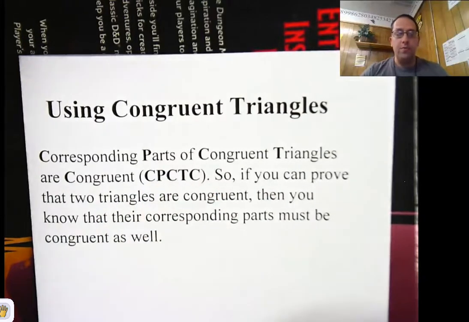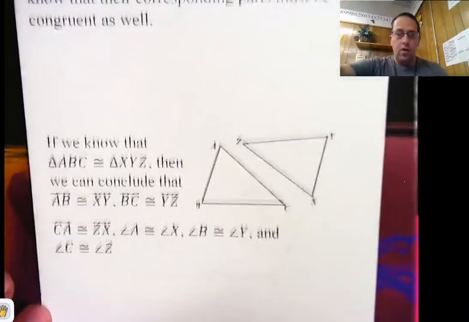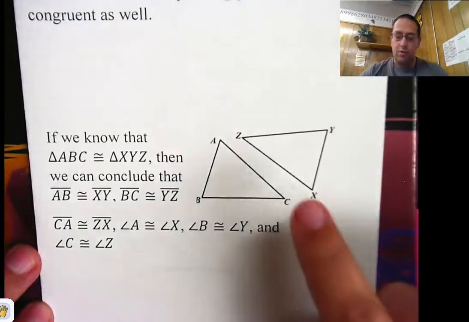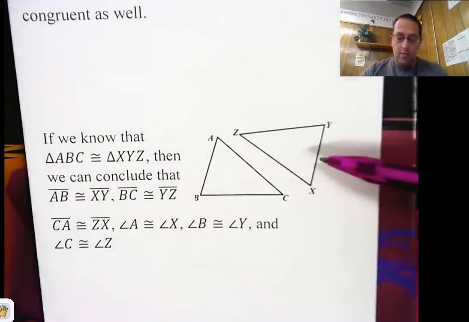So if you can prove the two triangles are congruent, then you know that all of the corresponding parts are congruent as well. Alright, so if we know that triangle ABC is congruent to triangle XYZ, then even without any markings on this, we know that segment AB is congruent to segment XY.